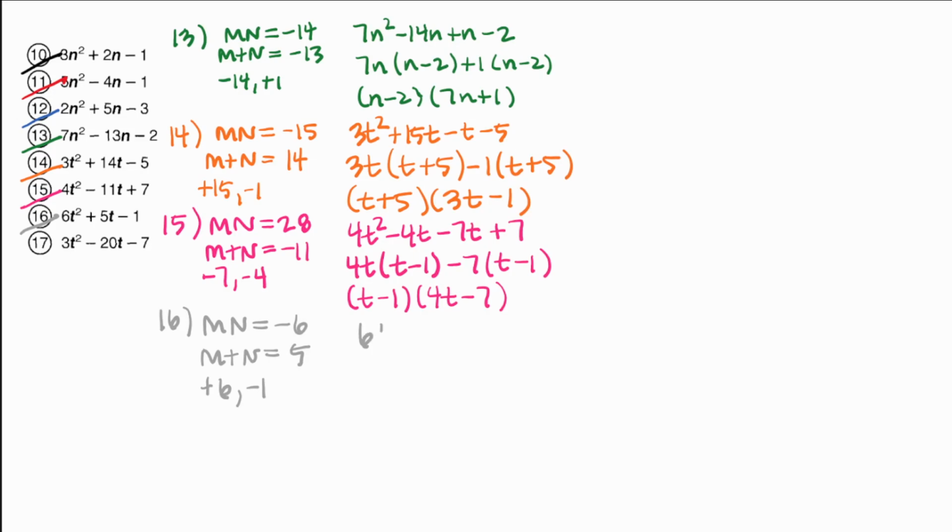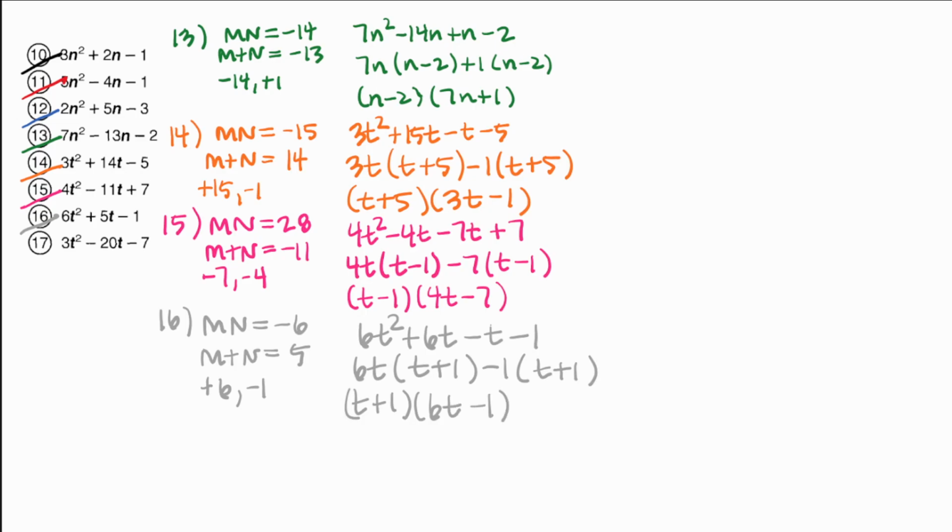Alright, so 6t squared plus 6t minus 1t minus 1. Okay, factor out a 6t from the first two and a negative 1 from the second. Factor out that t plus 1, be left with a 6t minus 1, and there it is, fully factored.